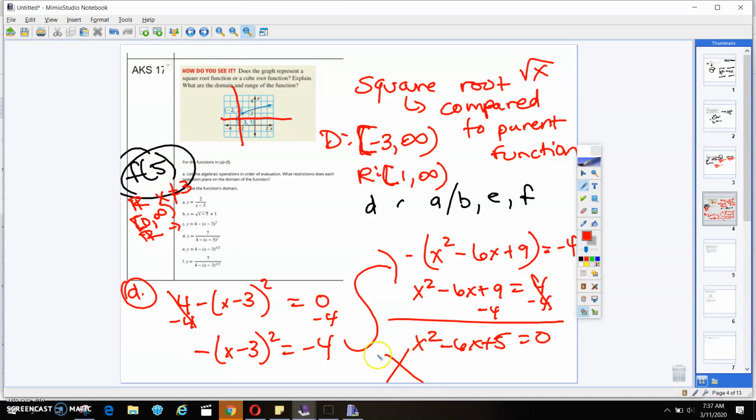I'm going to do a times c, which is 5, and b is negative 6. What two numbers will make that happen? So this will be negative 5 and negative 1. So x cannot equal 5 and 1. So the domain for that is all real numbers except x cannot equal 5 and 1.